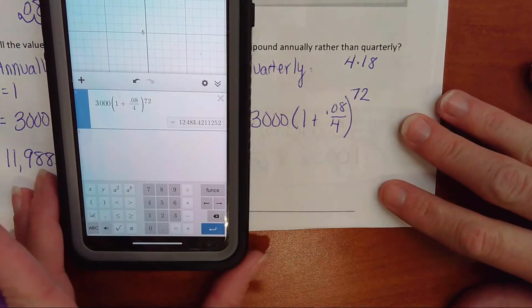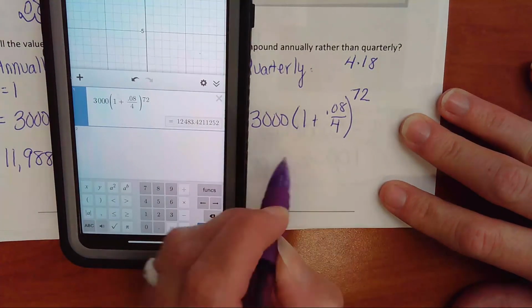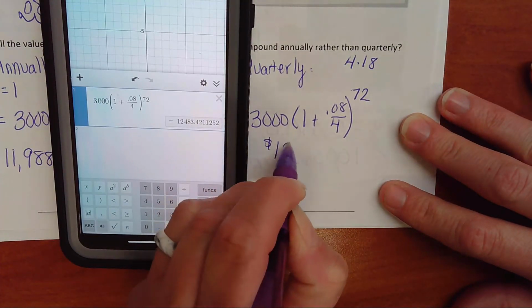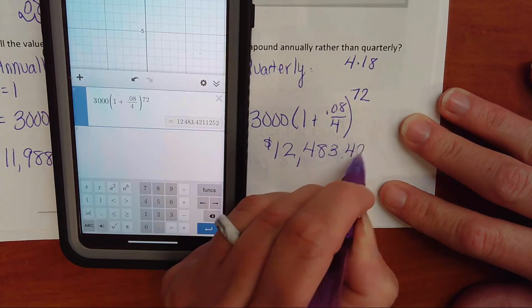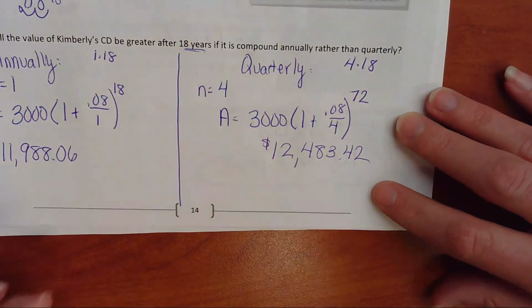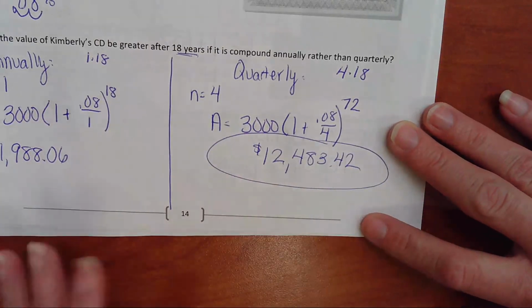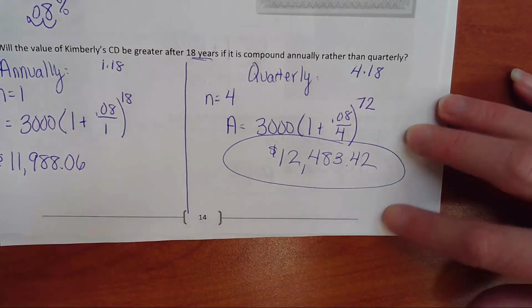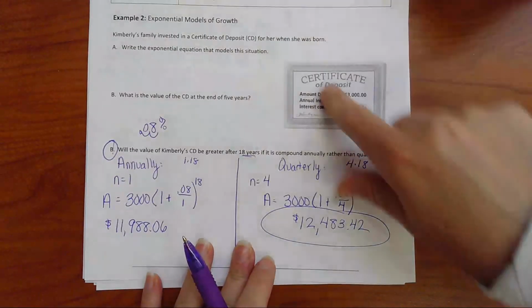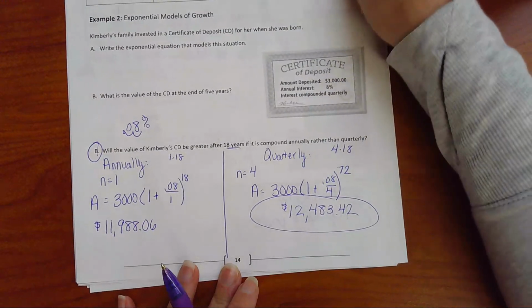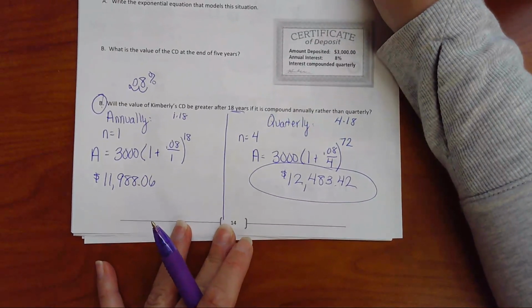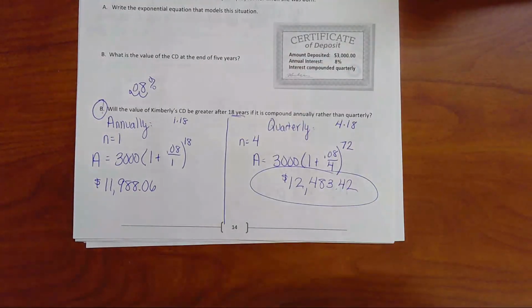If it's compounded quarterly, she's making $12,483.42. So obviously it makes more sense if we can compound quarterly versus annually. The junky part sometimes with money and these certificates of deposit is that you don't really get to choose how it is compounded.